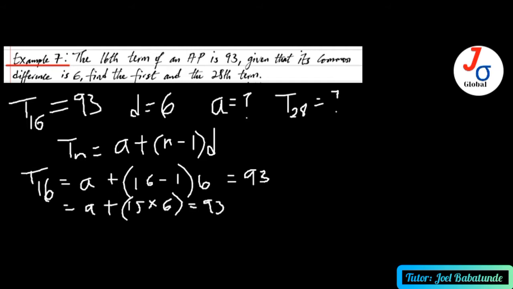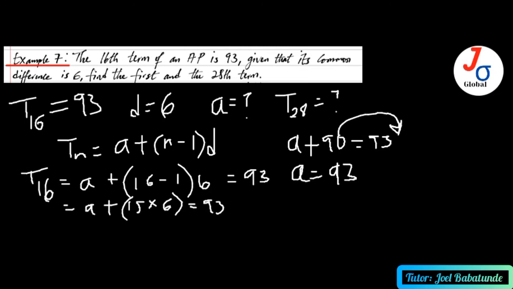Then that is equal to A plus 15 times 6, which is 90, equal to 93. So A becomes 93, then the 90 goes across and becomes minus 90, and A equals 3. So basically, we found the value of our A.